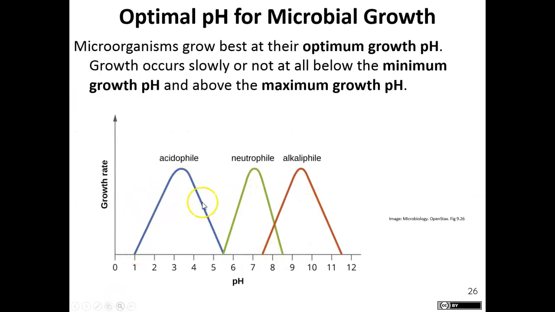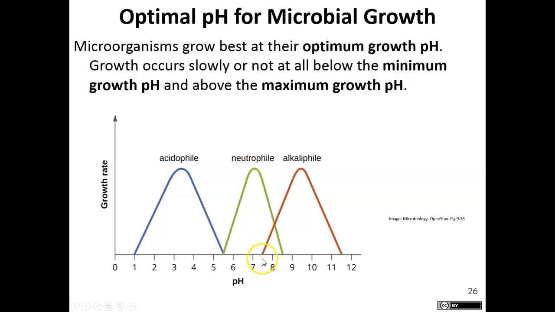So here we have acidophiles. If you grow over here at the 1, you're probably not going to grow very effectively at a 7. But there are some that can grow at a 3, and they might grow slightly around the 6. Neutrophiles are going to go anywhere from 5.5 to about 8.5, but they grow best at a pH of 7.